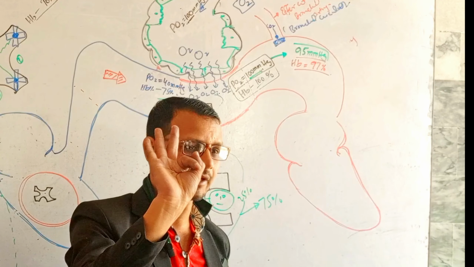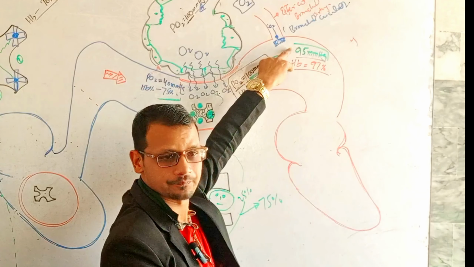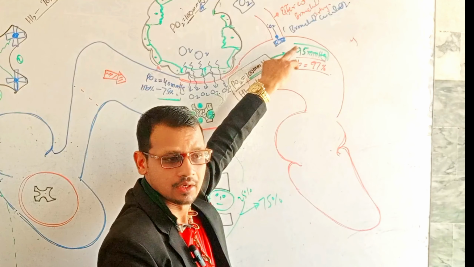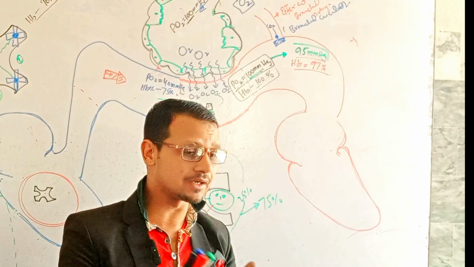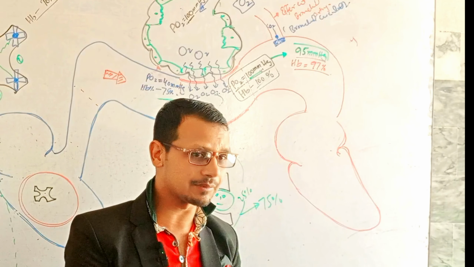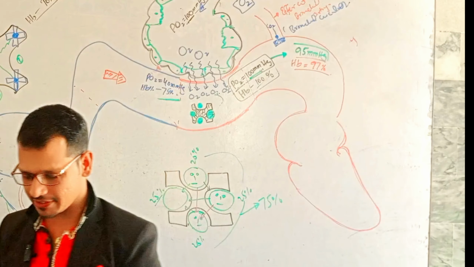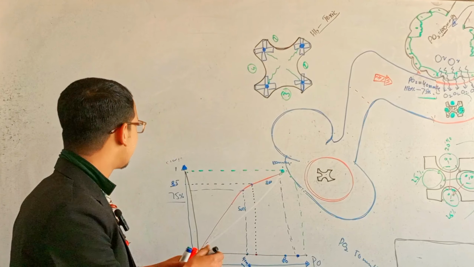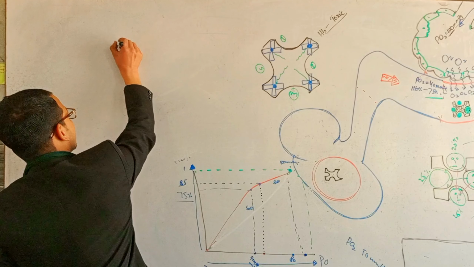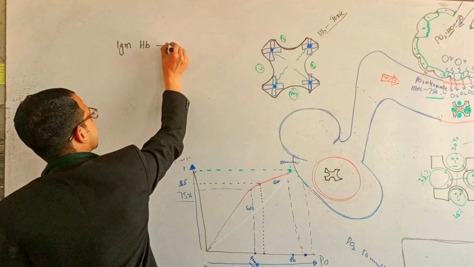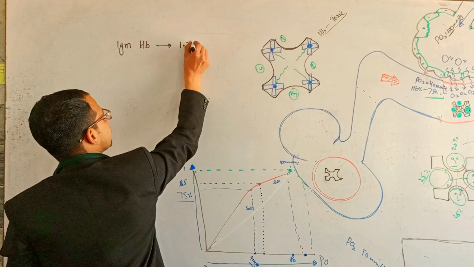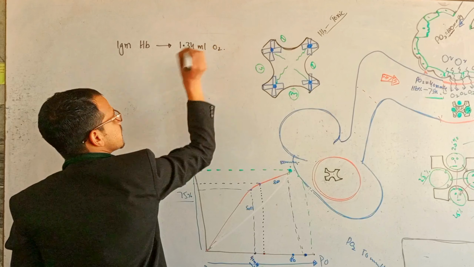This is the entry point of the blood into the heart, but I have told you that you will remember only two parameters. One is the content of oxygen in blood. How much oxygen is present in 100 ml of blood? According to research, 1 gram of hemoglobin can attach 1.34 ml of oxygen.